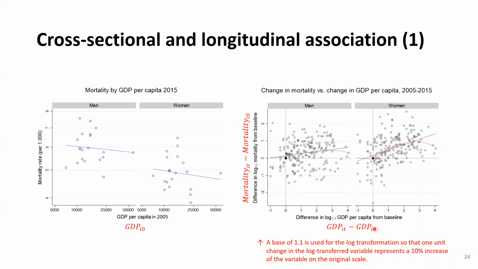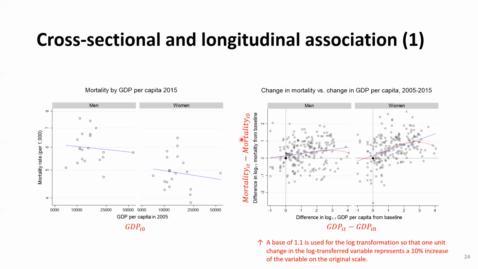I use this notation, but more correctly I should say logged GDP of city i at time t minus logged GDP of city i at time 0. This is what I should say. And for the mortality vertical axis, same thing: I calculated the logged mortality at time t minus logged mortality at time 0.